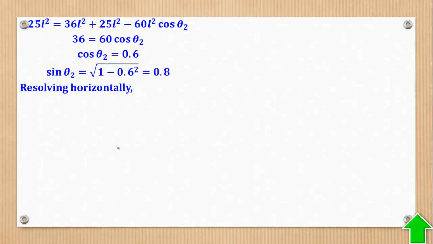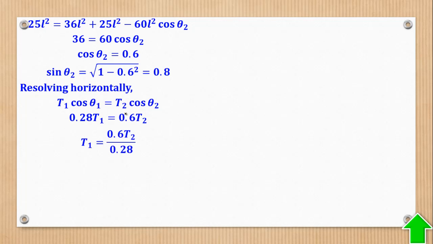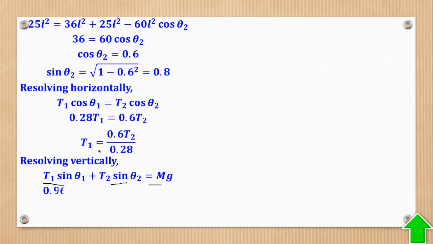Then you can resolve horizontally. We shall come up with this equal to this. Then we substitute for cos theta 1 and cos theta 2 to get that as equation 1. Then resolving vertically, we shall come up with this. Then substitute for sine theta 1, sine theta 2, and g.